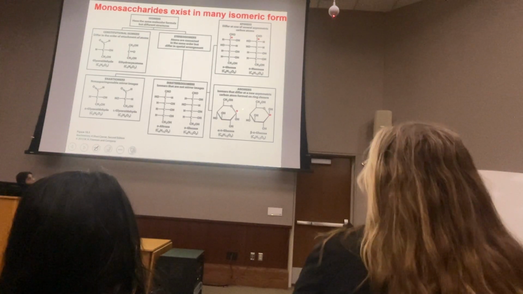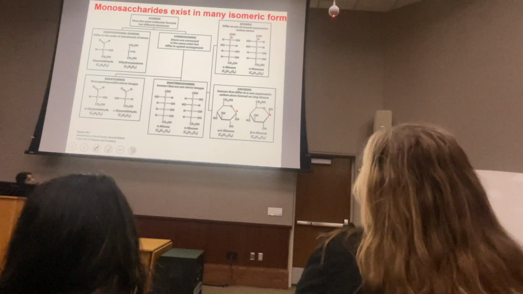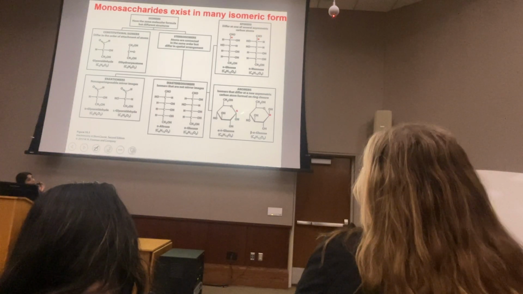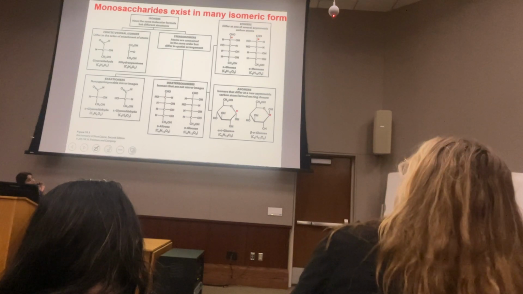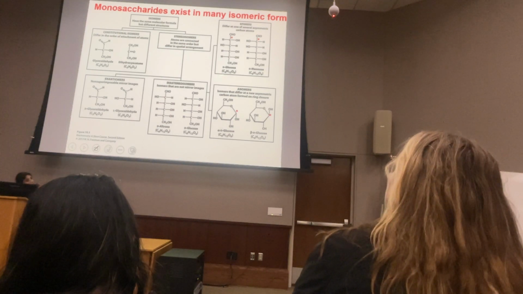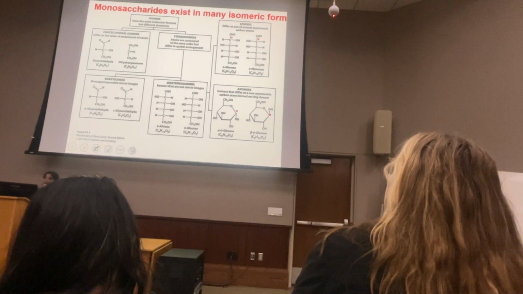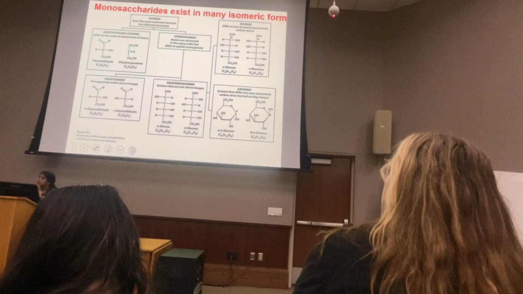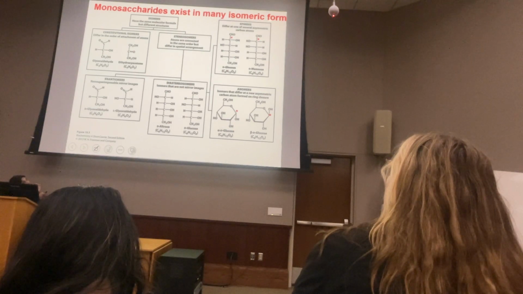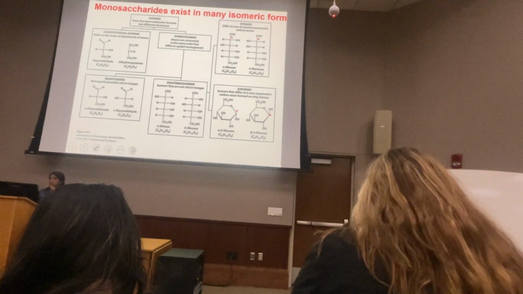When you look at the anomers, you see where they're different at the asymmetric carbon and how that OH is grouped up or down, right? And your epimers differ at one of those several asymmetric carbon atoms, and I have starred where that asymmetric carbon atom is.